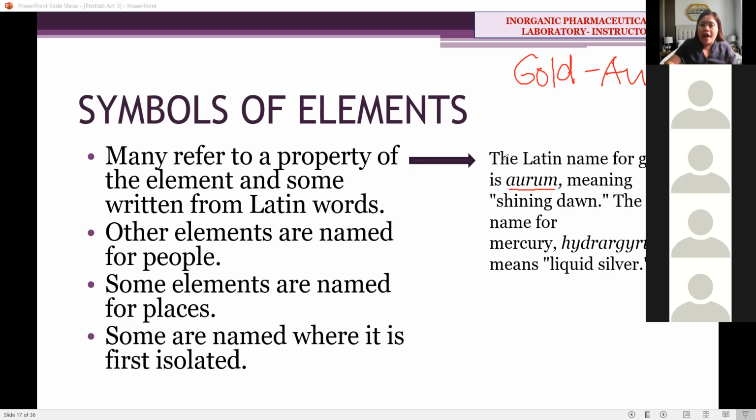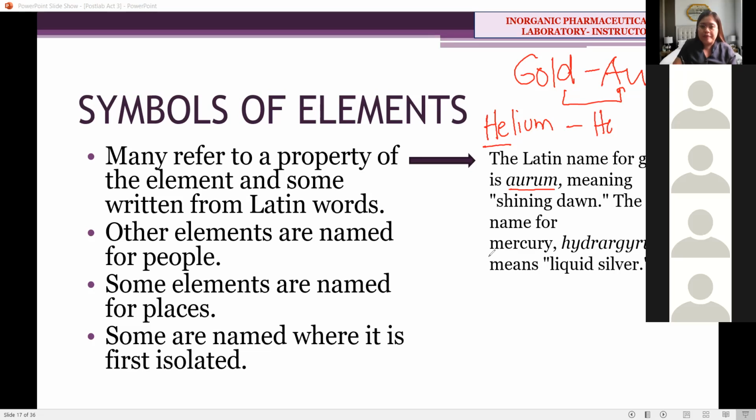So that is why the symbol of the element gold is Au. So dili tanang element, ang ilahang symbol is coming from their name. Parehas sa helium, ang iyahang symbol automatic gikan sa first 2 letters sa iyahang name. Dili tanan element ana ha. So naay parehas sa gold, which comes from its Latin name.